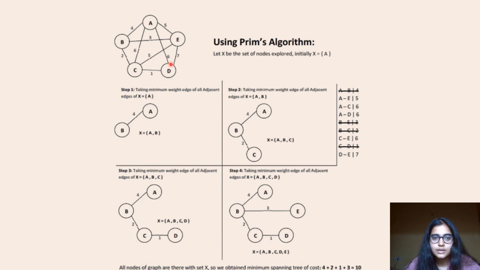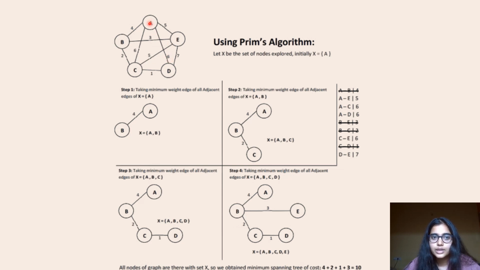So here comes the problem. Now, as I told, from the source till I have to visit all the nodes with only the least value. Now, if I visit A to E and then E to D, it costs me more.